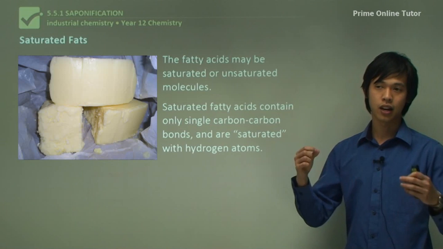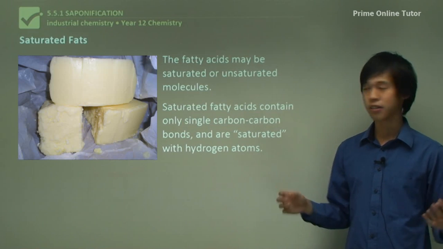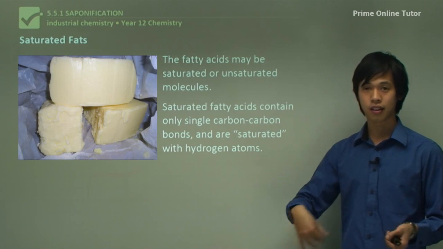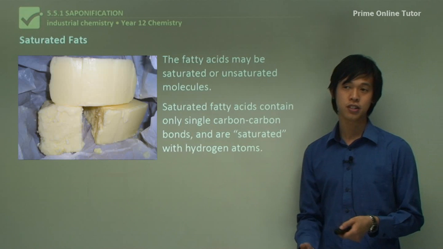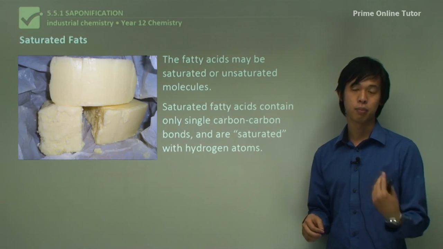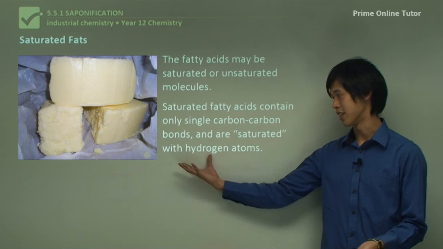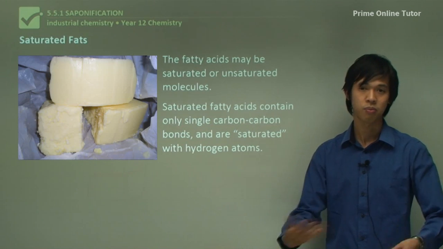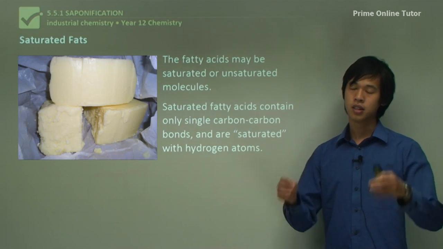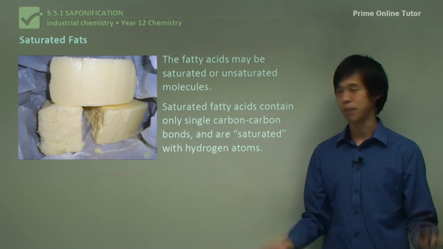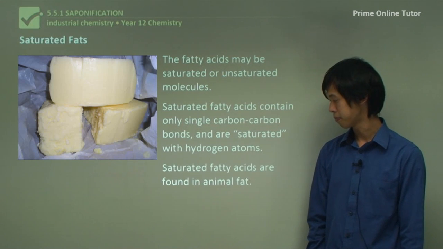In other words, they're like alkane groups, and it means they have the maximum number of hydrogens, because each carbon can bond to the most hydrogens possible. So we call them saturated with hydrogen atoms. That's why they're called saturated.